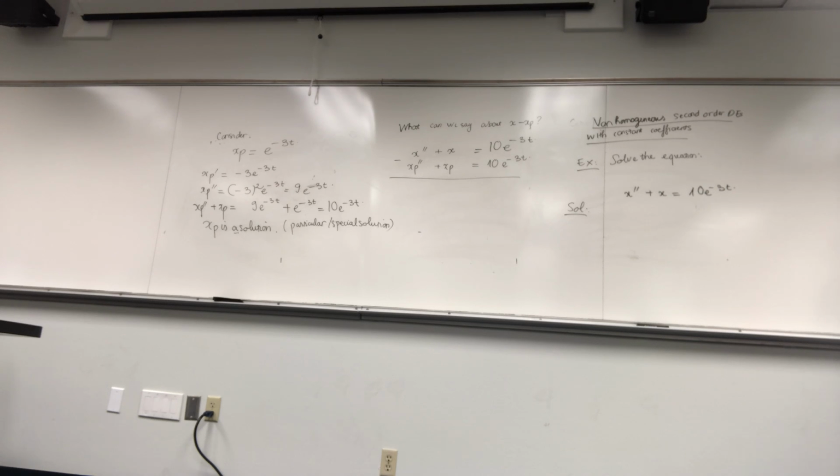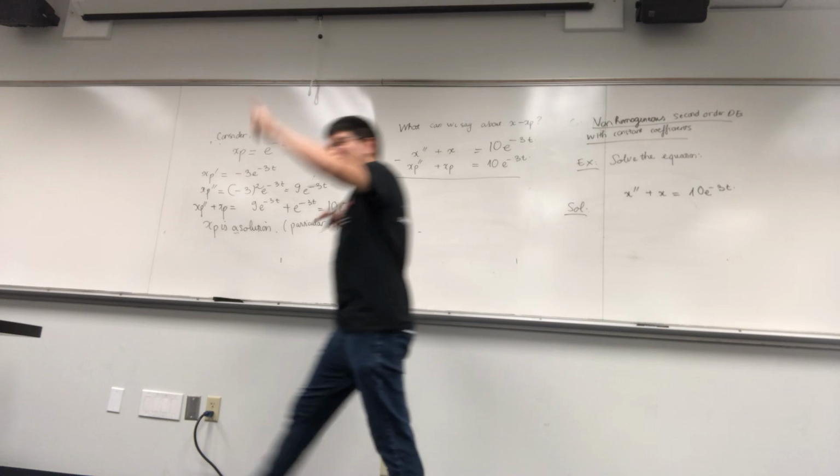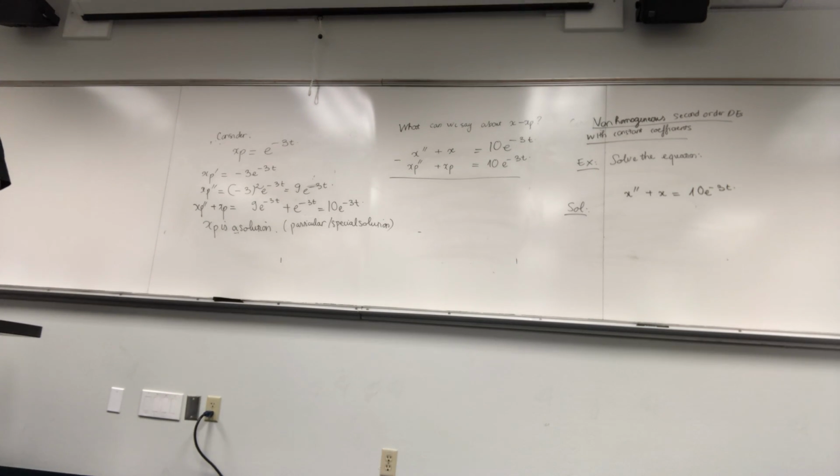You get 0 on one side, and on the other you get x double prime minus xp double prime. That means, because it's 0 on one side and you're subtracting the two equations from each other, what is the conclusion?